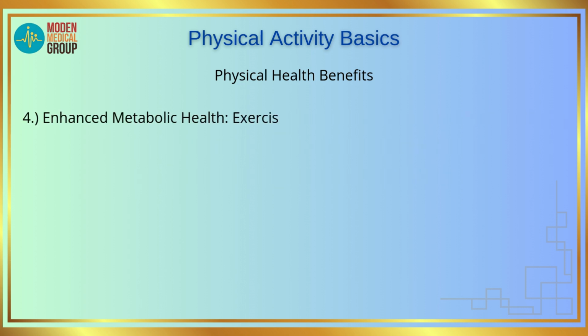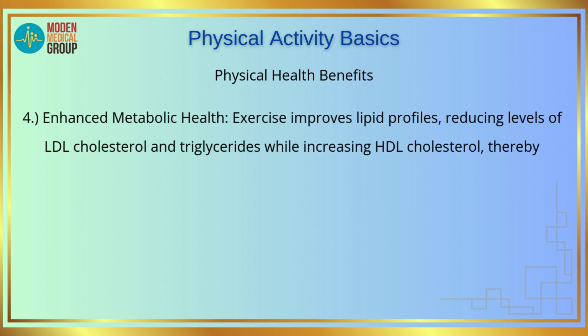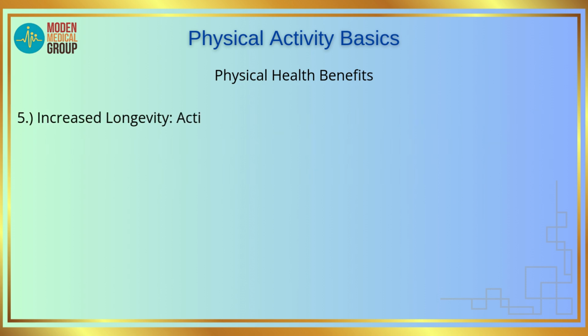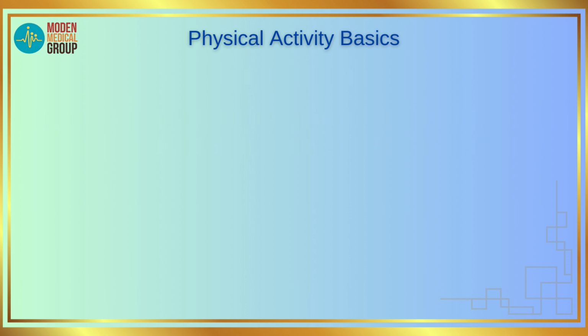Enhanced metabolic health. Exercise improves lipid profiles, reducing levels of LDL cholesterol and triglycerides while increasing HDL cholesterol, thereby lowering the risk of metabolic syndrome. 5. Increased longevity. Active individuals generally live longer than their sedentary counterparts, with a lower risk of premature death from all causes.